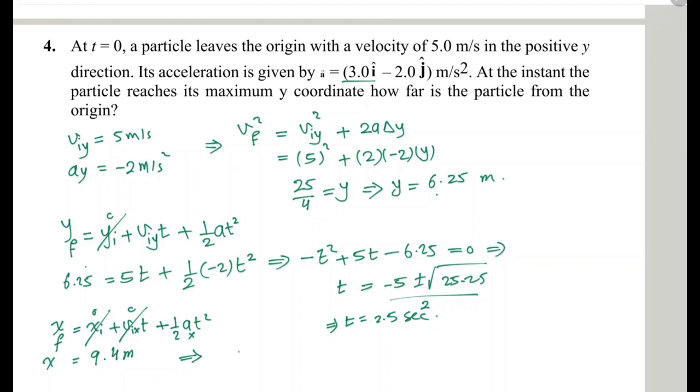Now the final position r, in this case, is equal to square root of 9.4 squared plus 6.25 squared. You do the math, you will find the final position r is 11.28 meters.